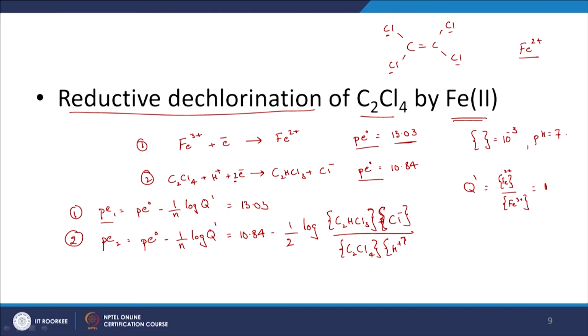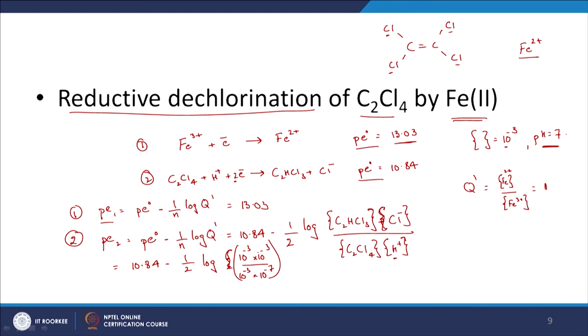So let us plug in the relevant values here. That is equal to 10.84 minus 1 by 2 log of the activity of this particular compound, which we know is 10 power minus 3 based on our assumption, 10 power minus 3 into 10 power minus 3, by 10 power minus 3 into, for H plus, we know that pH is assumed to be 7, so 10 power minus 7.